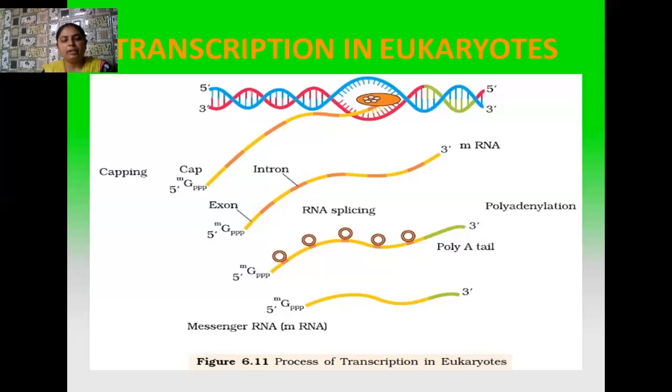After undergoing all these 3 steps, this messenger RNA, earlier known as heterogeneous RNA, converts into fully mature messenger RNA, and this finally comes out from the nucleus and enters the cytoplasm.